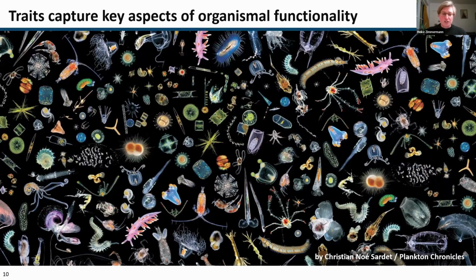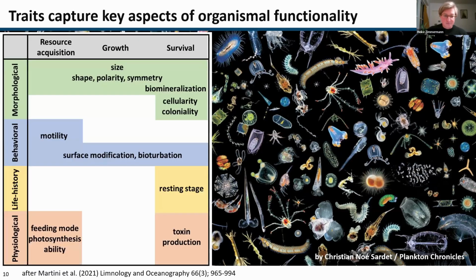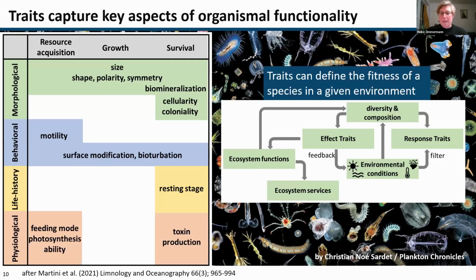And for that, I wanted to look more into traits, because they capture more of the functional attributes of the species. So I looked into resource acquisition, growth, and survival. And on top of that, I looked into traits that are morphological, behavioral, physiological, or associated with the history of the species. It is important because traits can define the fitness of a species in a given environment.